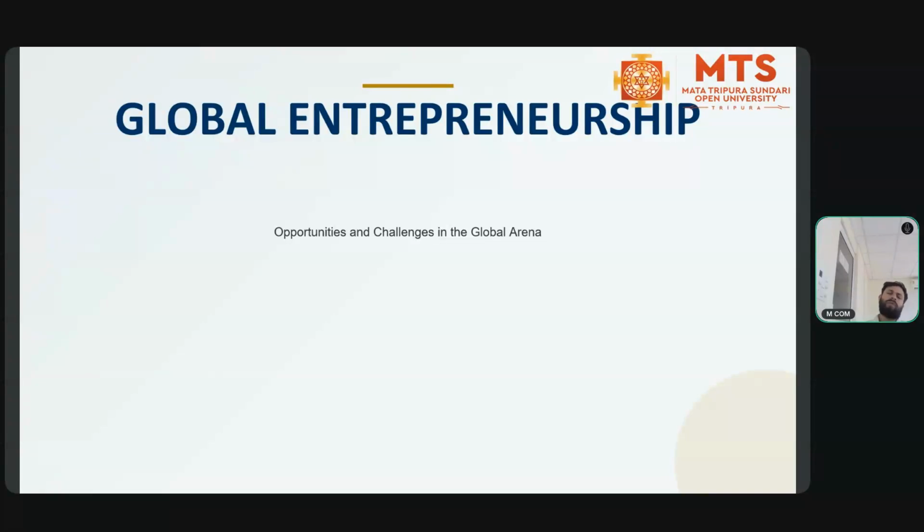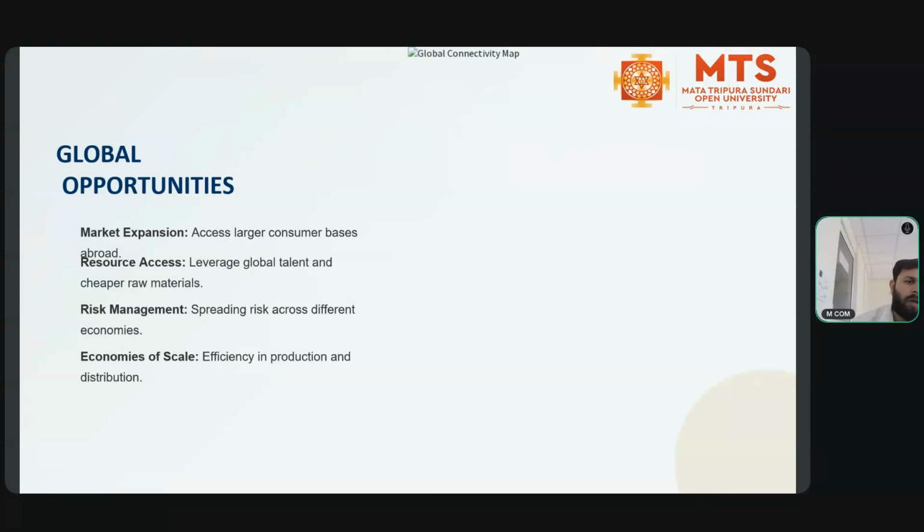So when you do so, you will get some opportunities as well as challenges in doing so. Global opportunities, that is market expansion.